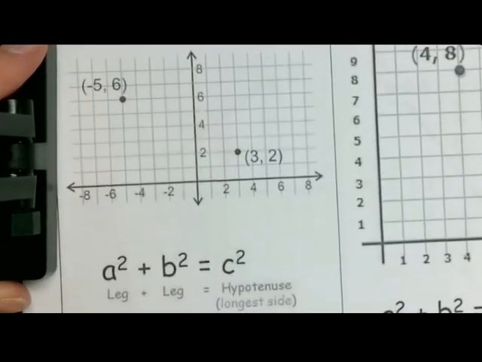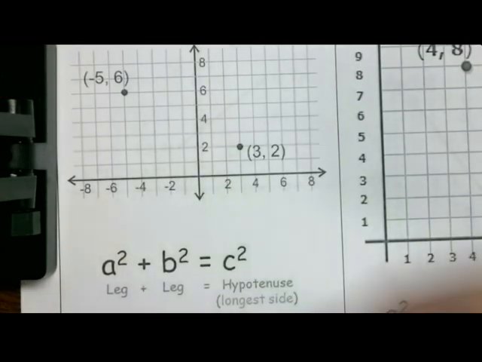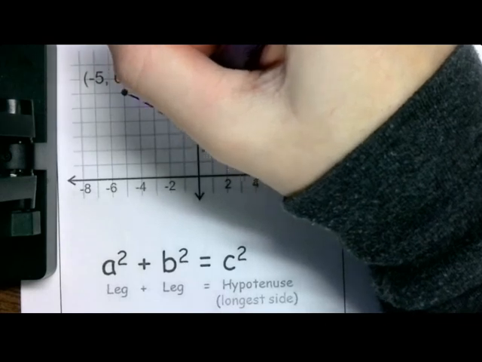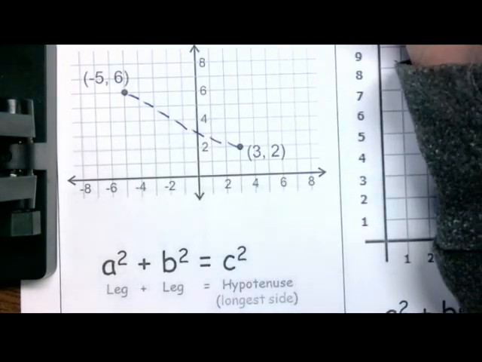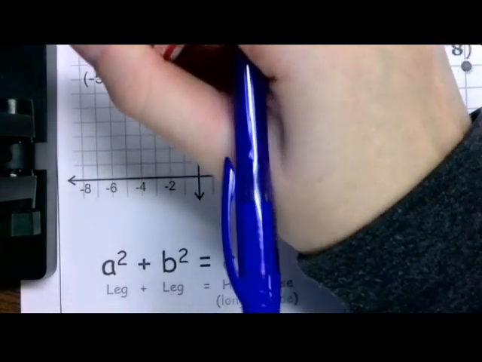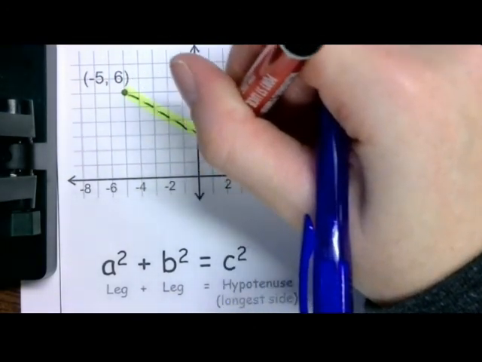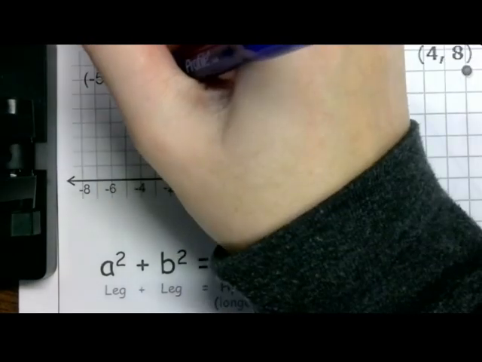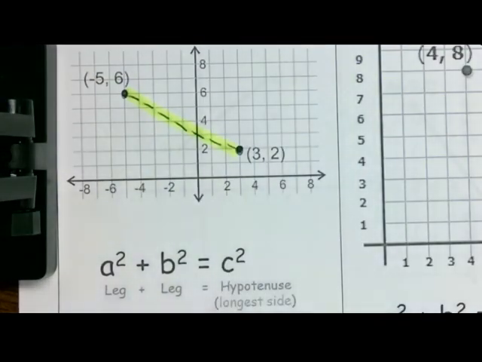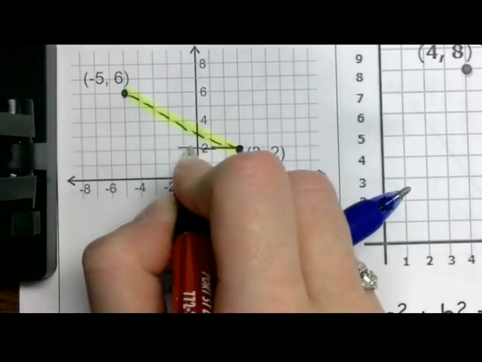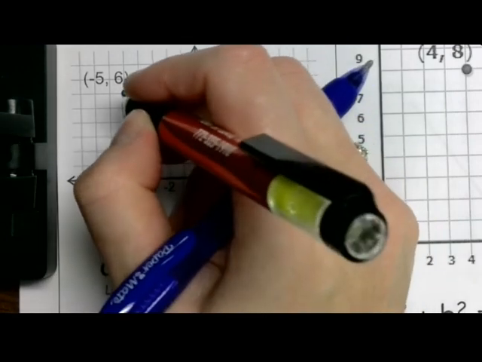This time, it's only the dots. So we not only need to add our hypotenuse, right? That diagonal distance, but we also need to make our right triangle.